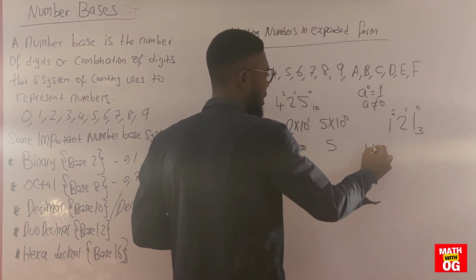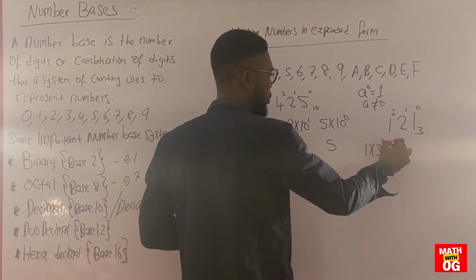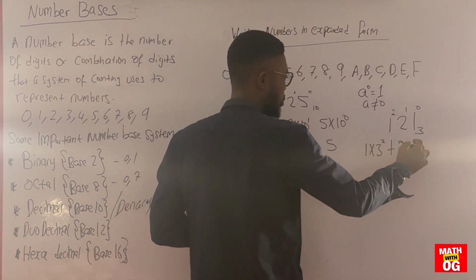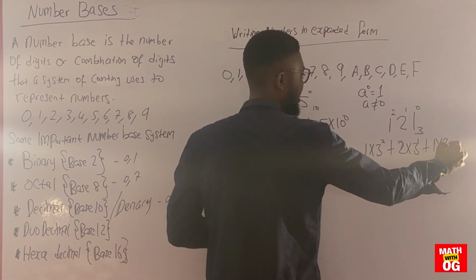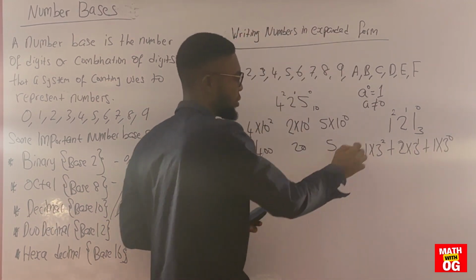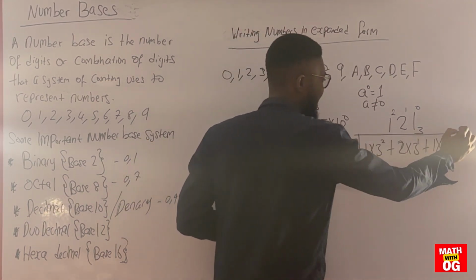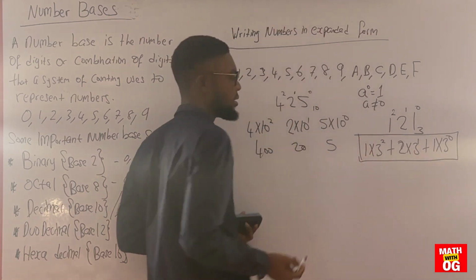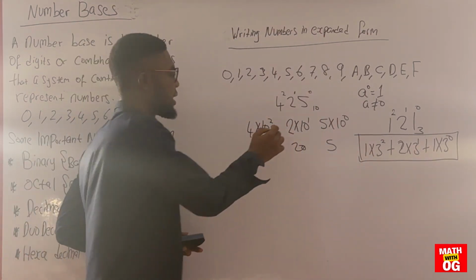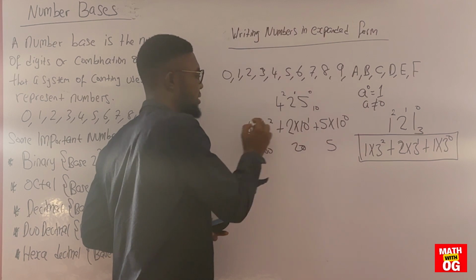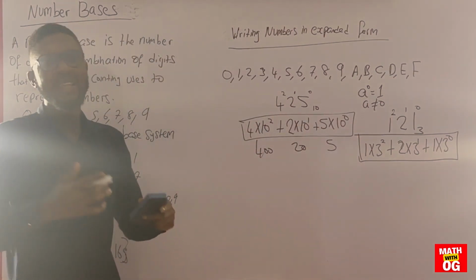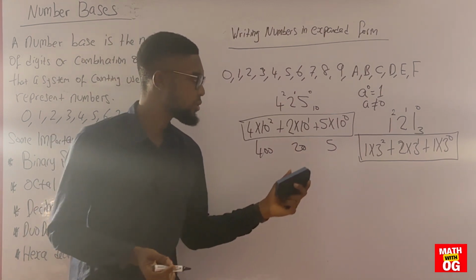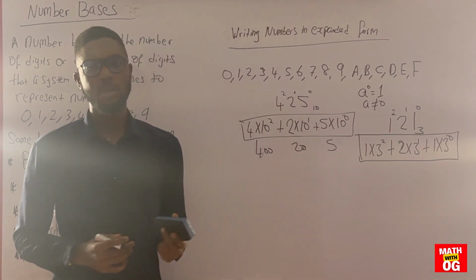So here we have 1 times 3 raised to the power of 2 plus 2 times 3 raised to the power of 1 plus 1 times 3 raised to the power of what? 0. So this is how we write this in its expanded form. So here we can add a plus and a plus. This is this guy in its expanded form. So in any given base, you can always write a number in its expanded form.